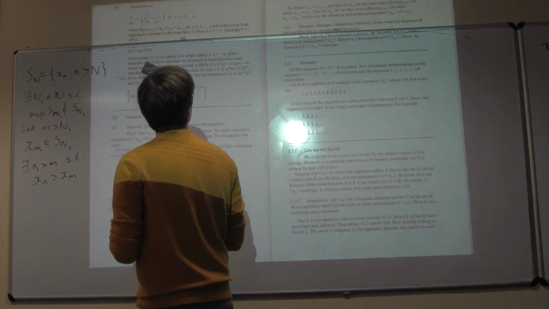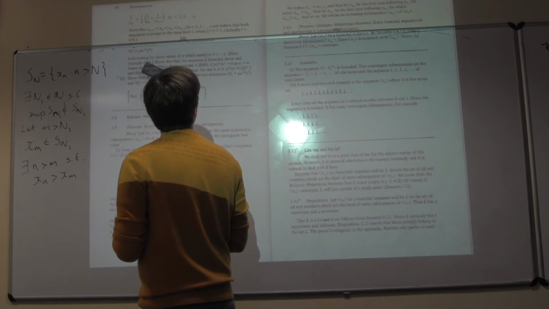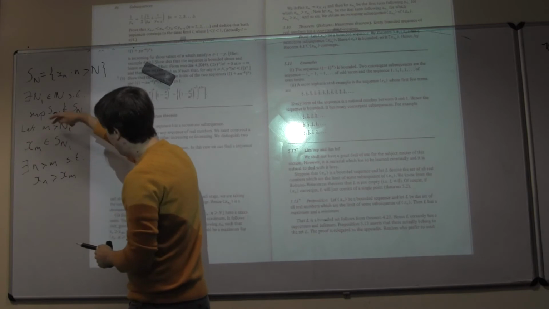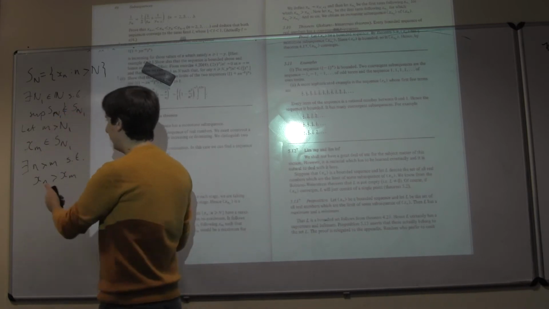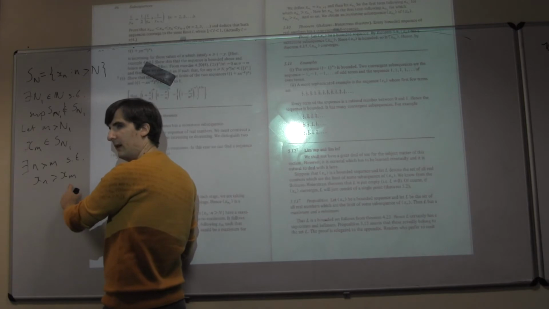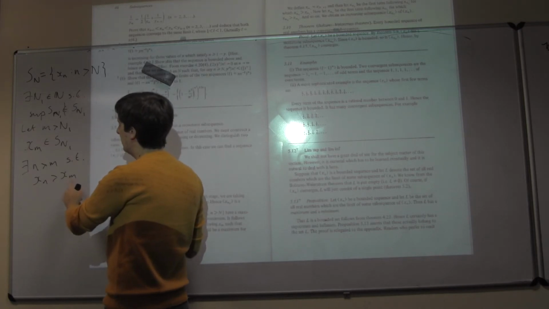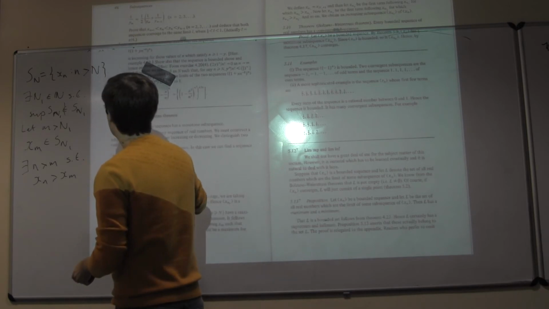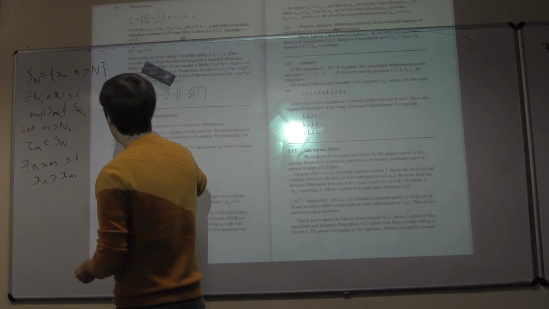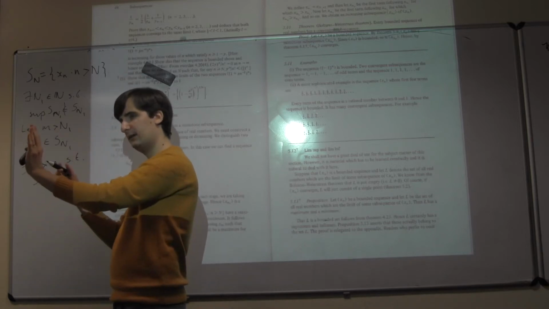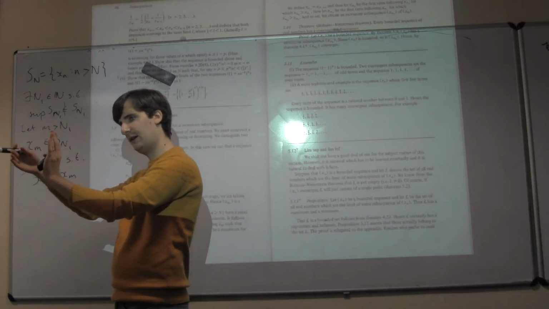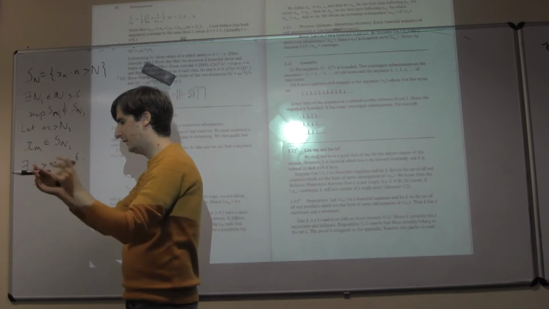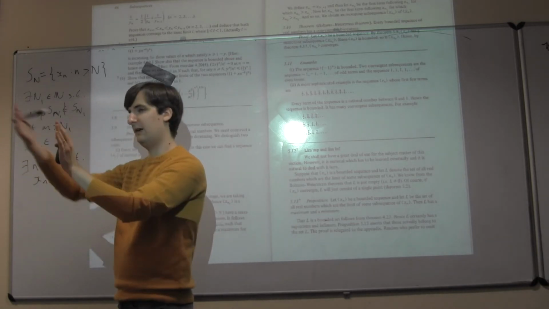So this is true for any m bigger than n1. We can always find a later term that's bigger than it. Because if it was the case that at some point there was no later term that was bigger than it, then we'd have the set before that time and the set after that time.